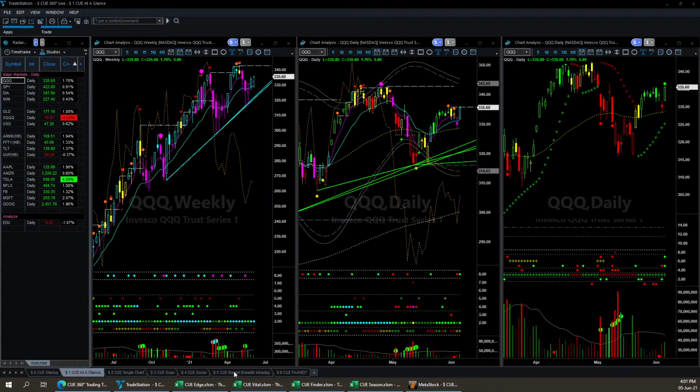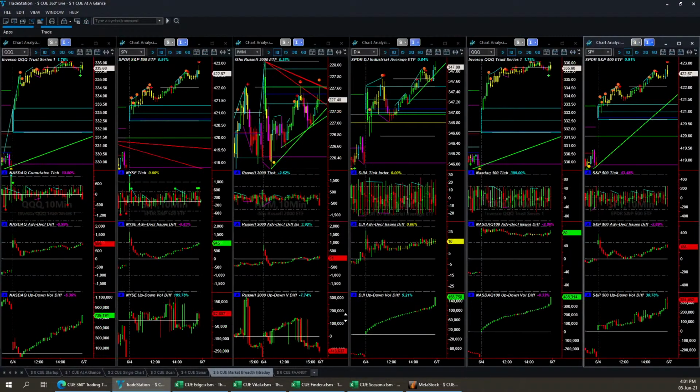Now, if you look at the market breadth, you will not get that confidence of bullishness, at least from certain angles. If we look at Nasdaq advanced decline, it is bullish. NYSE advanced decline, bullish. It did come down a lot and recovered later in the day.